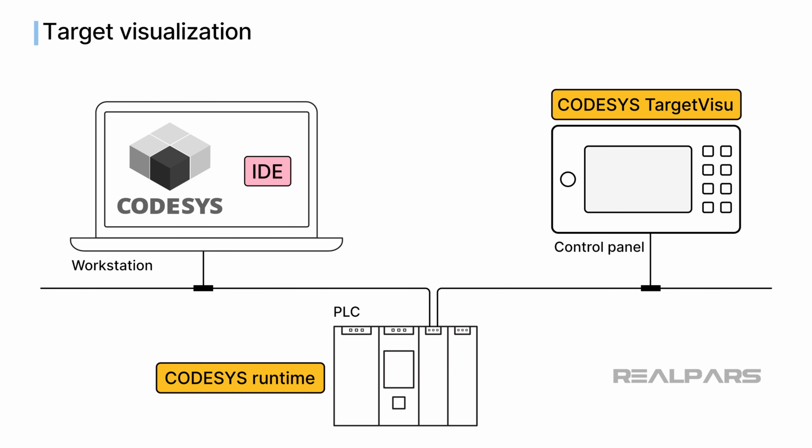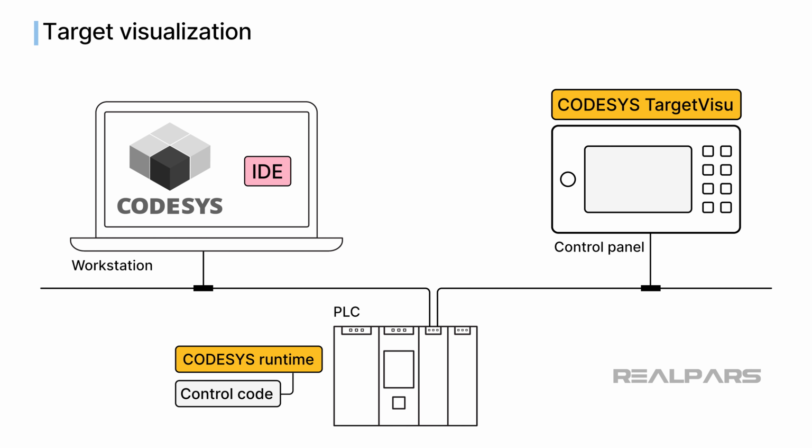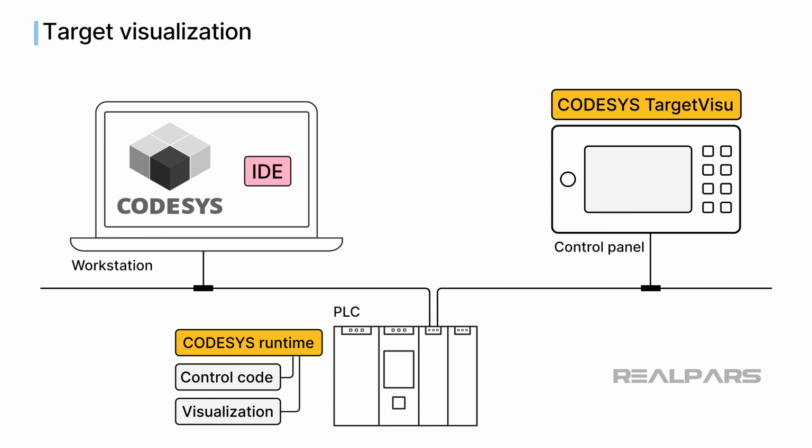In a target visualization deployment, a single instance of the CODESYS runtime runs both the control code and the visualization. The visualization is displayed on a screen that is hardwired to the device running the CODESYS runtime. A target visualization deployment is generally used for CODESYS-compatible PLCs with integrated or hardwired displays.